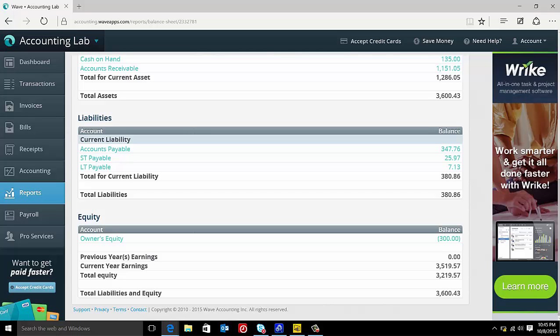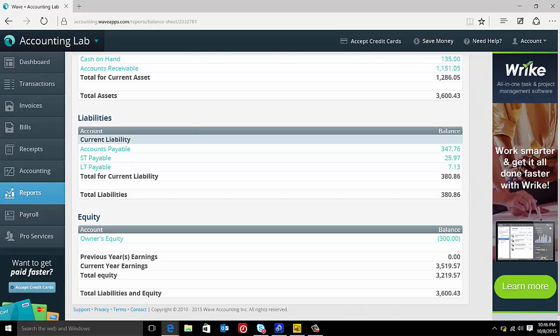And so if banks or other financial institutions are seeing that your previous year earnings are constantly zero year after year, or do not really increase year over year, it wouldn't be a determinant in not getting a loan all by itself, but it's definitely something that they weigh very heavily. So watching your previous year earnings or your retained earnings is also important as you're looking at the balance sheet for your company.